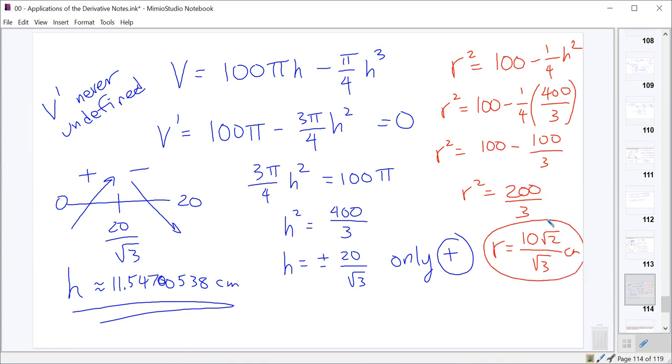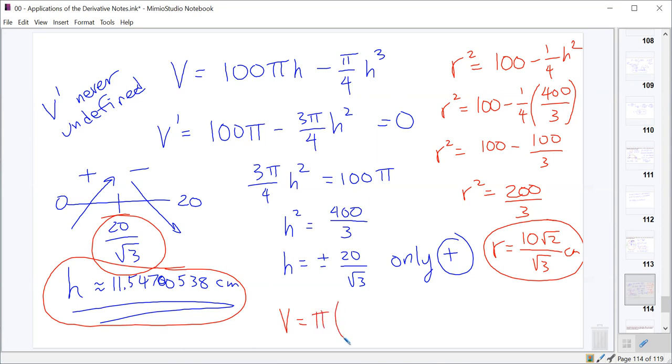So we've got that as our R value. We've got this, 20 over root 3, as our H value. And we can then put those together, pi R squared H, to find our volume itself. So volume was equal to pi times our radius squared.